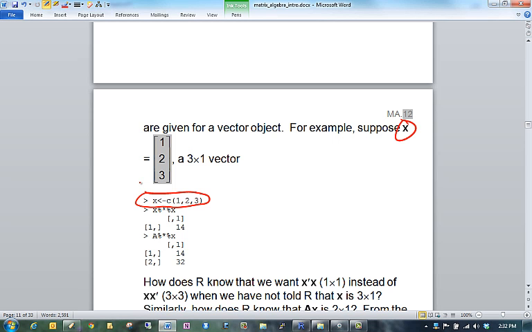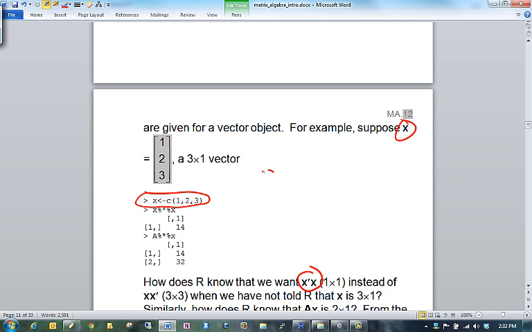Now look what happens when I take x percent asterisk percent x. X times x, I get 14 back. Well, wait a second. How does R know that I want to actually do the equivalent of x transpose times x?